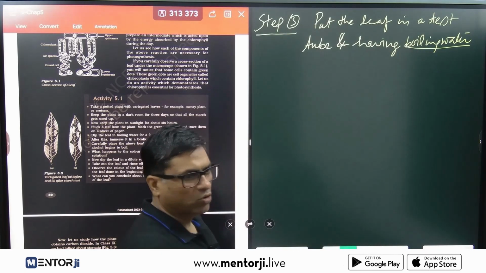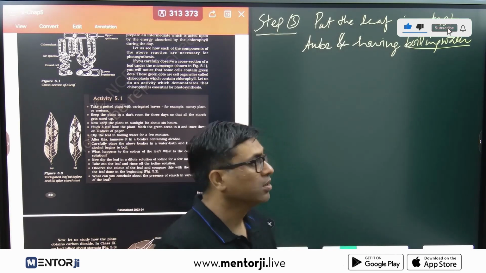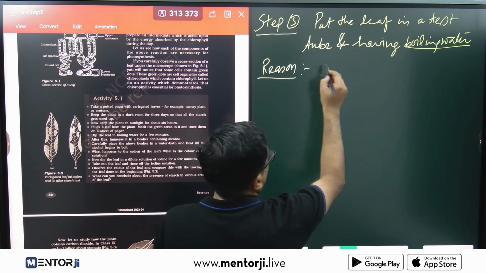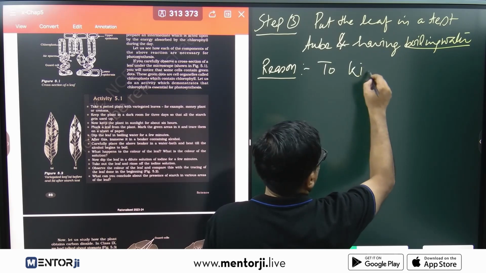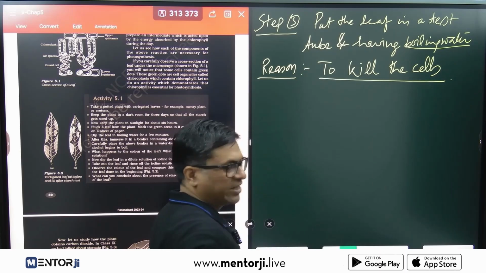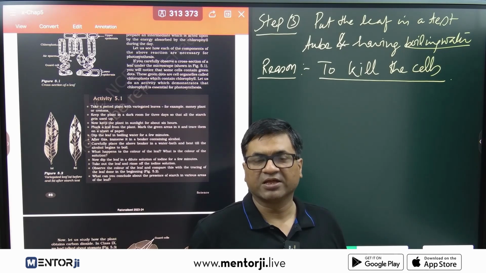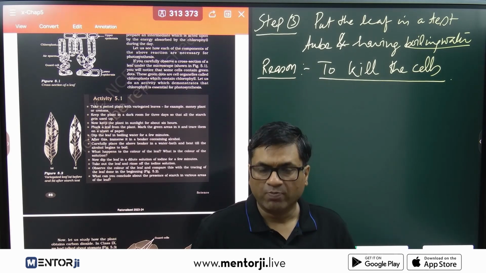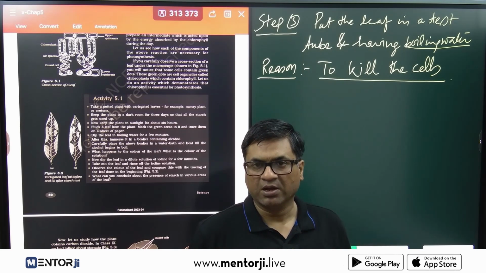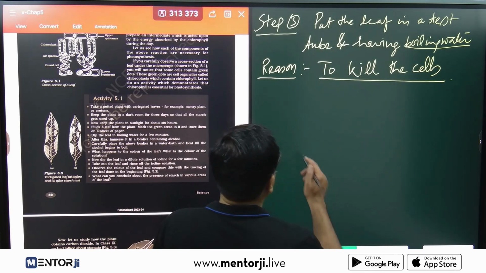We have inserted this leaf into boiling water. The reason is to kill the cells, to ensure that there is no production of chlorophyll after we take it out from the sunlight.